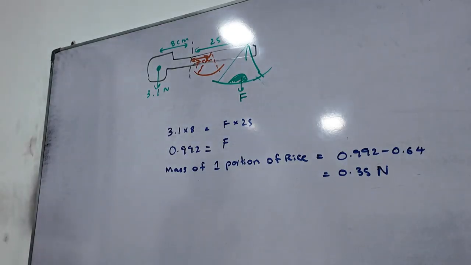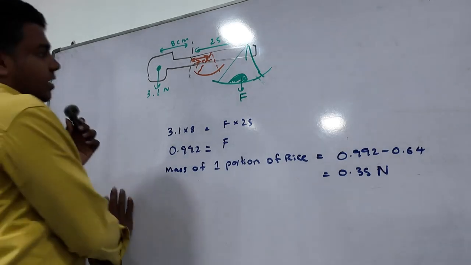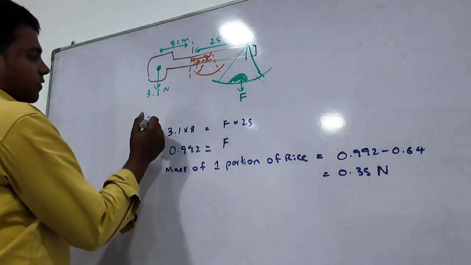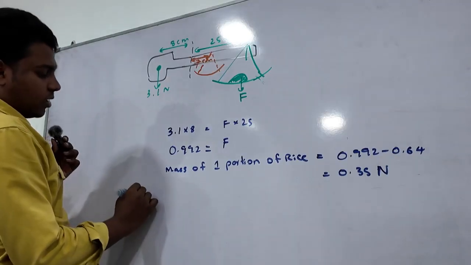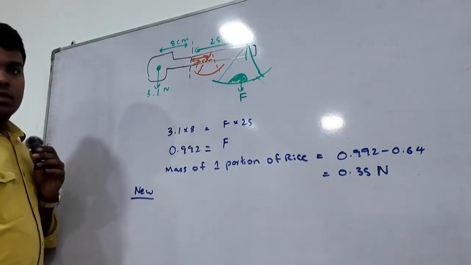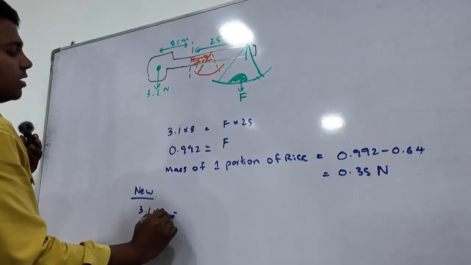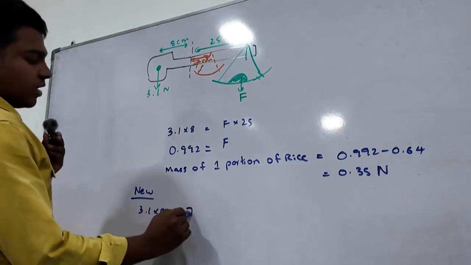Now they are saying rice is added until the balance is in equilibrium. So we find what is the new equilibrium. This is for the old one. This is the new equilibrium. I'm gonna put new here, and then write 3.1 times 8. Can you understand? It is again equal to 7 times the new weight.